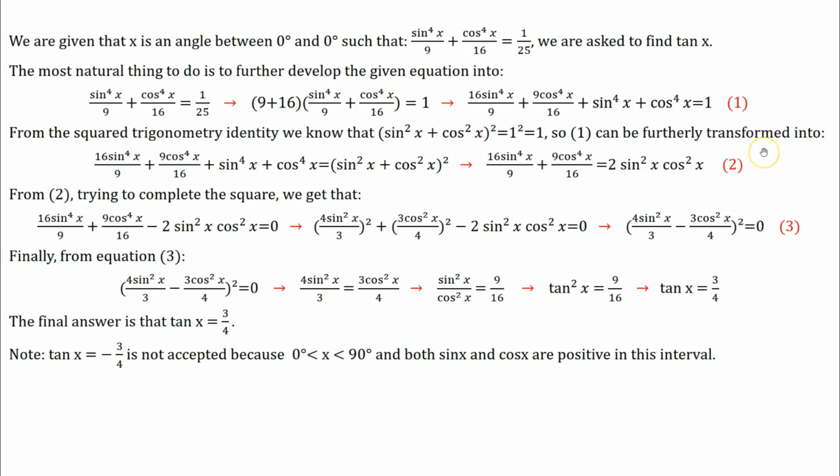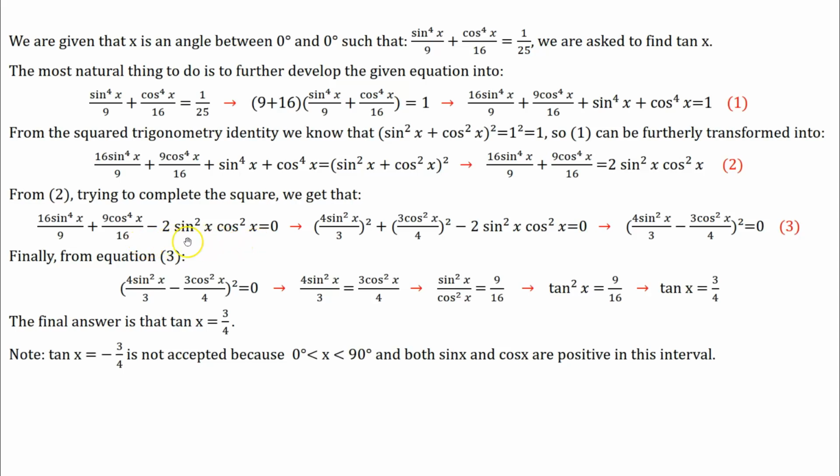So in the new form of the given equation, which we have labeled as form number 2, we will try to complete the squares. Let's say we'll take everything on the left hand side and we will try to complete a square in order to see if we can get another form of the equation.